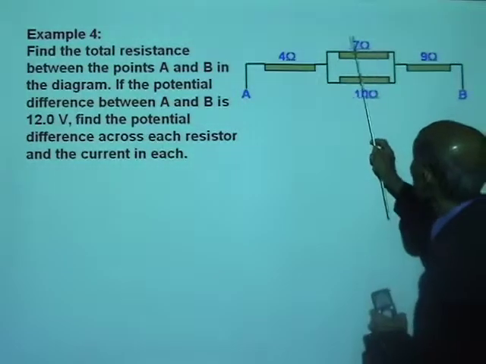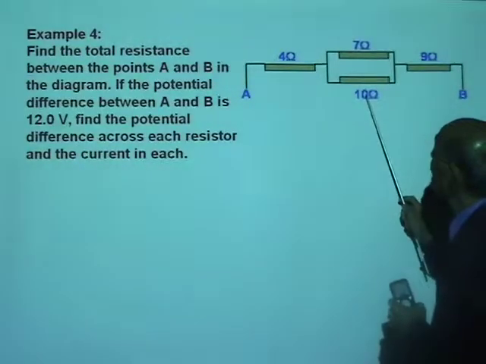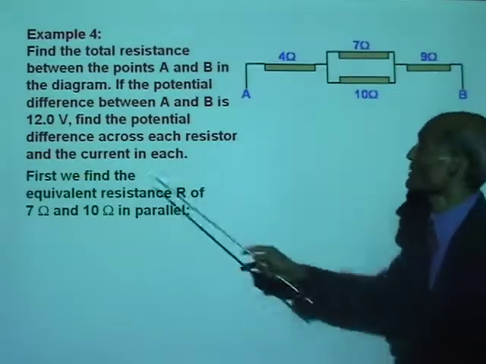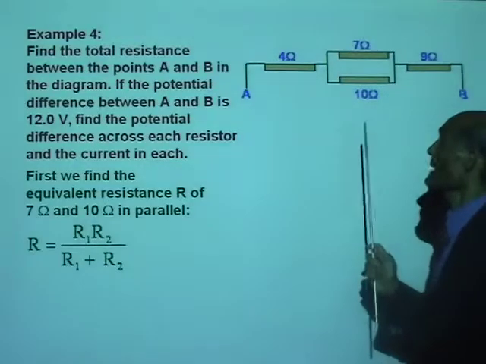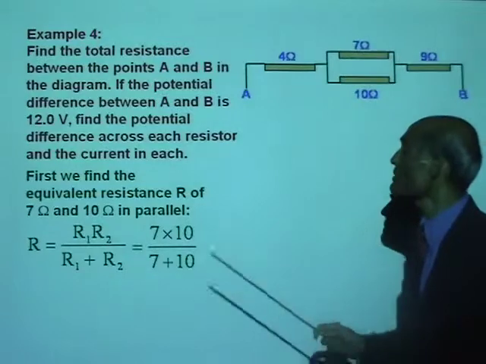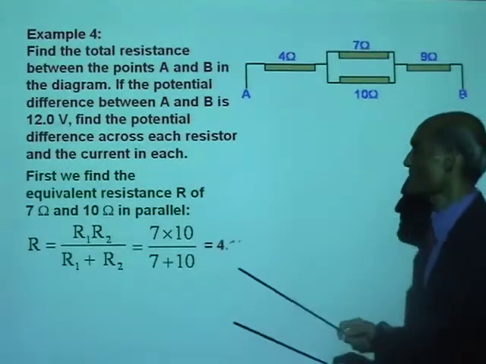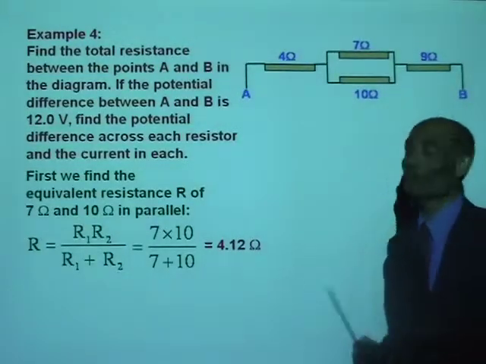So first we find the equivalent resistance of this parallel combination using this formula, R equal to 7 times 10 divided by 7 plus 10, that is 4.12 ohm.